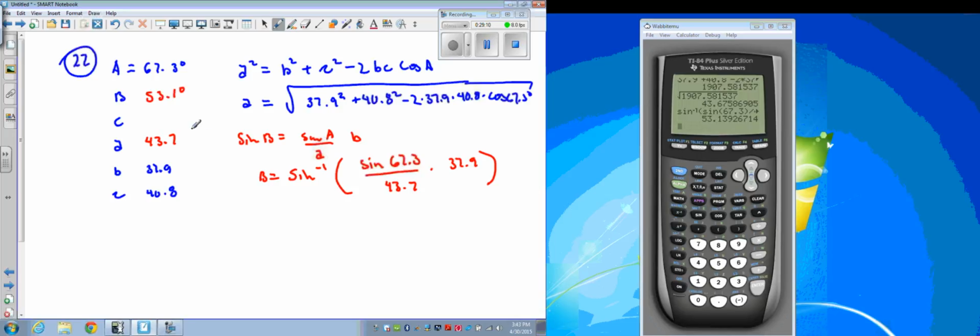So now then the C is going to be 180 minus the sum of those. Oh, error. 59.6. I always do it right. What?